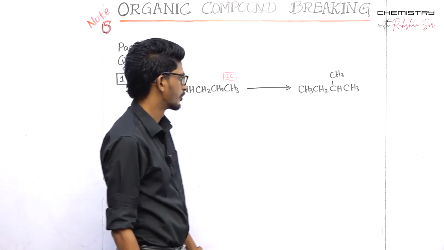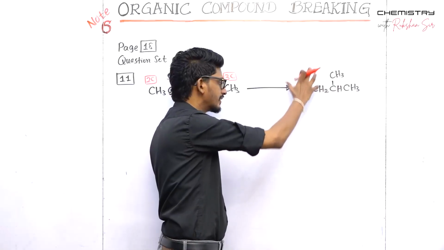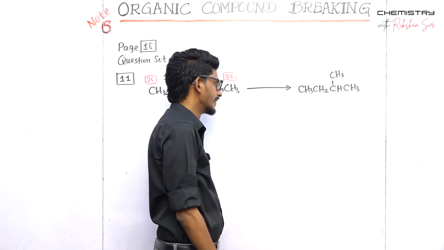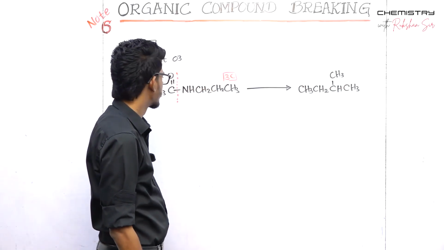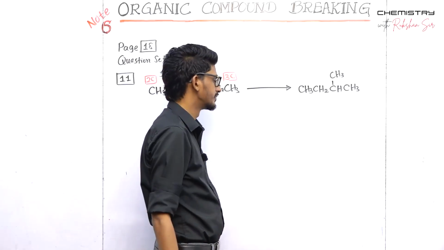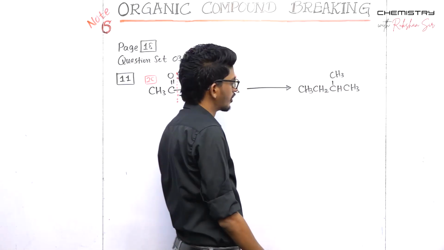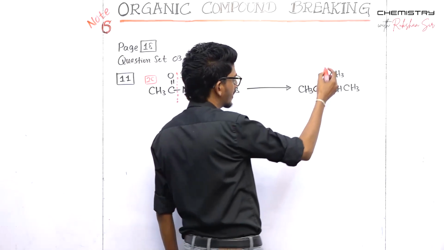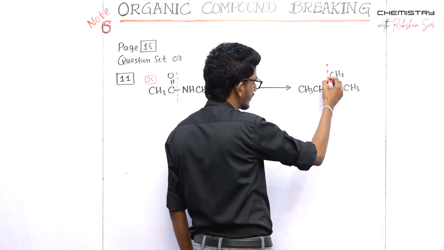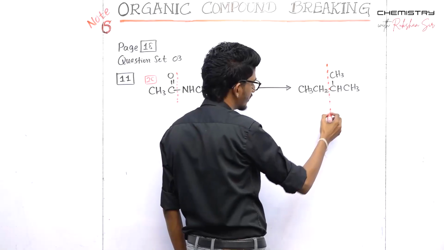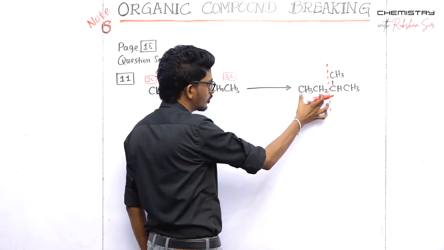So we are supposed to break this compound into 2 carbon and 3 carbon blocks.